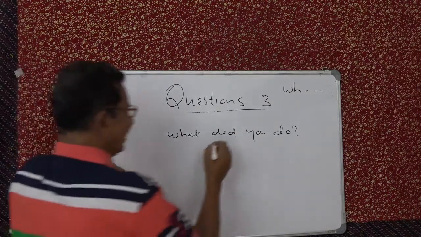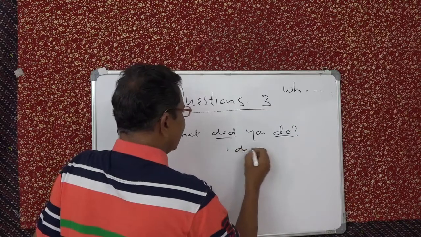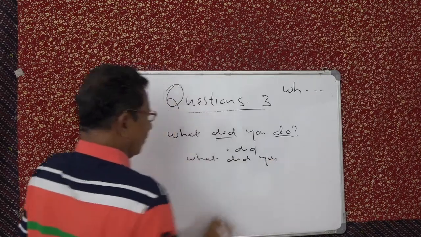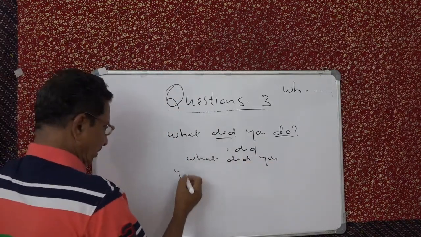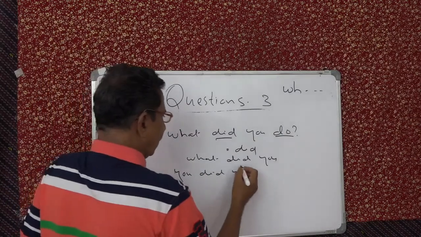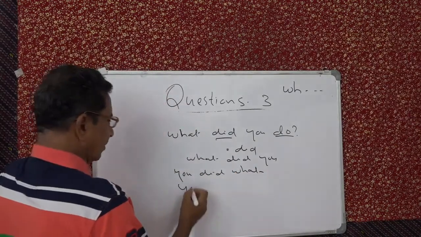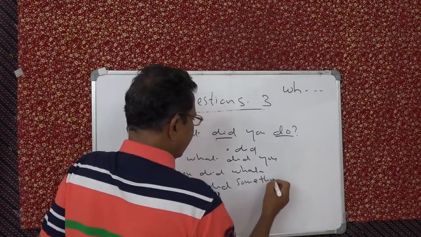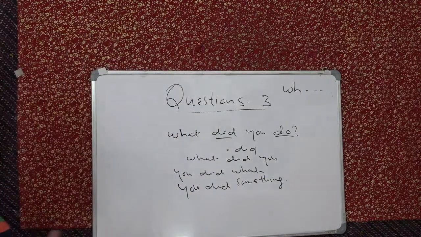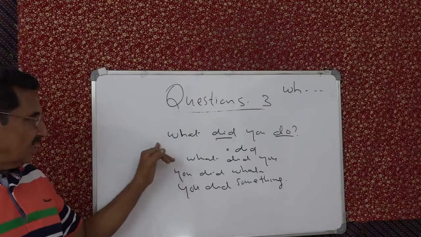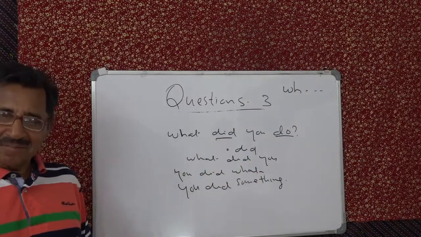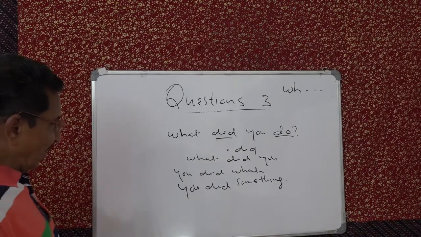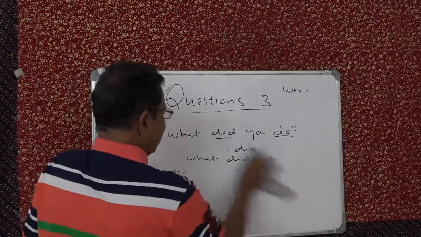What did you do? Did do is equal to did. Statement: subject should come first. You did what? You did something. That is the statement. The question is, what did you do? Are you satisfied with these examples? If you have got any problem, tell me.